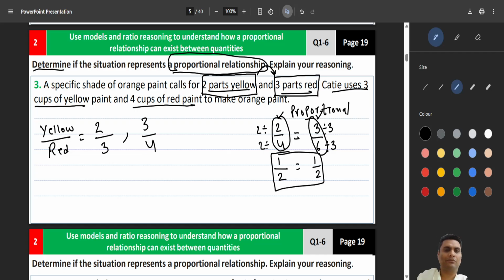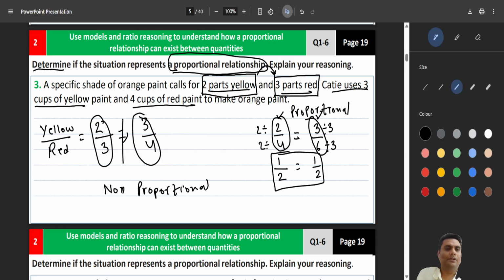Now we have to see whether they are equal or not. 2 over 3. Can I simplify them further? No, they are already simplified. Similarly, 3 over 4 is already simplified. We cannot divide here with any number. Now check, are they equal or not? No, they are not equal. So this is non-proportional.